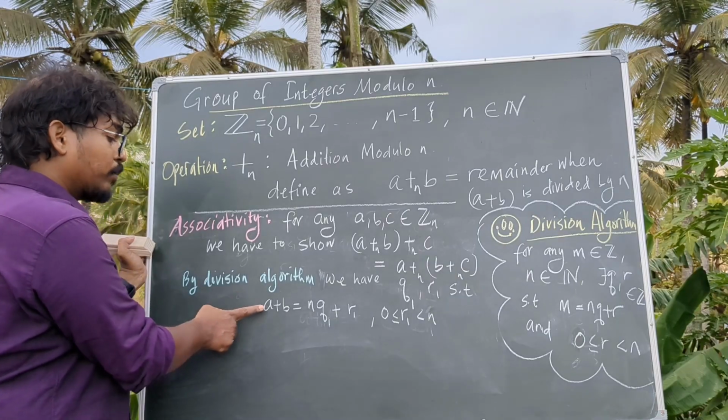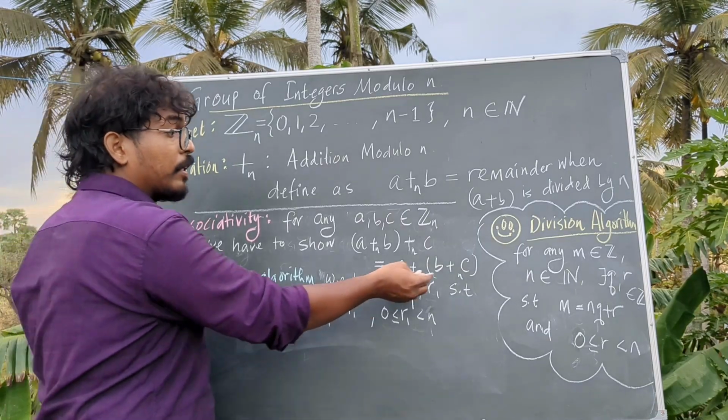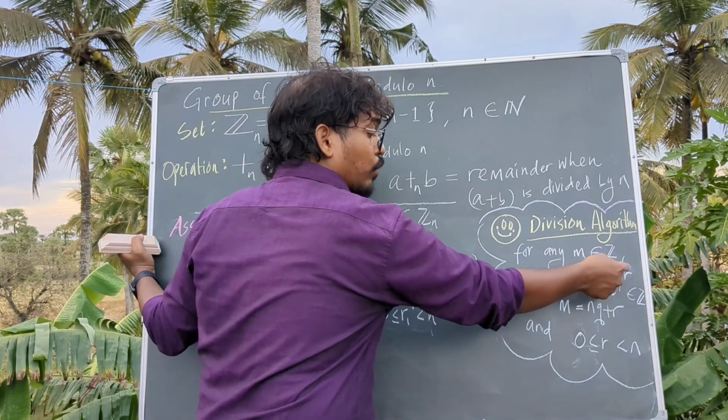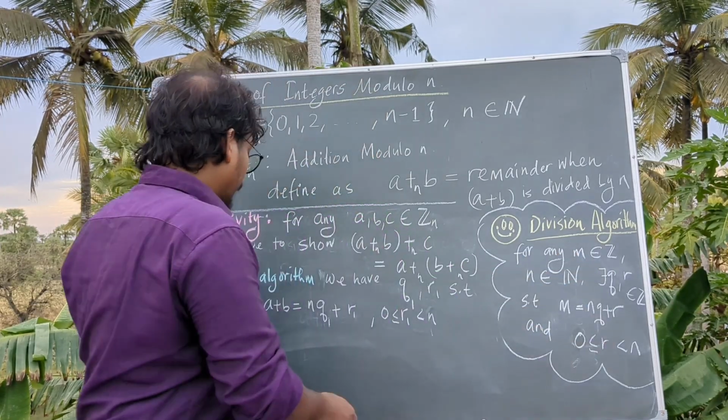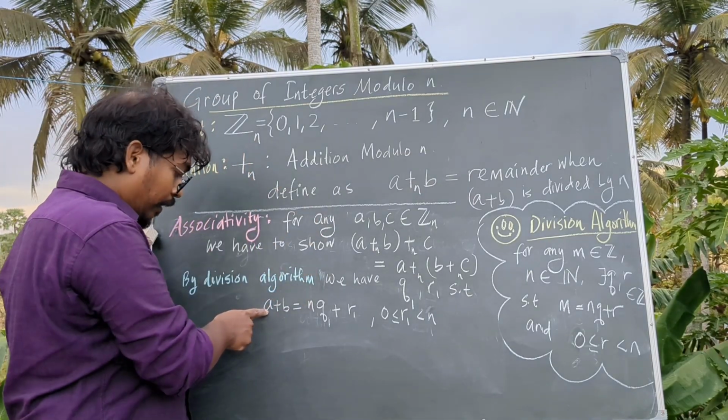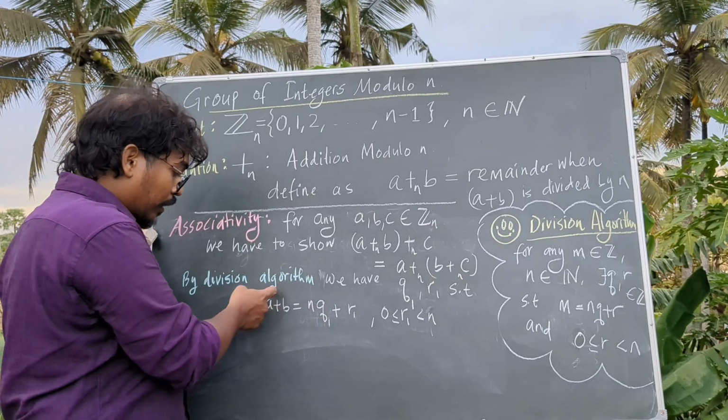By division algorithm we have, this is an integer. Division algorithm says for any integer and any natural number, you have q and r which satisfy this. a and b are elements of Zn, so a and b are integers, and we are adding them.